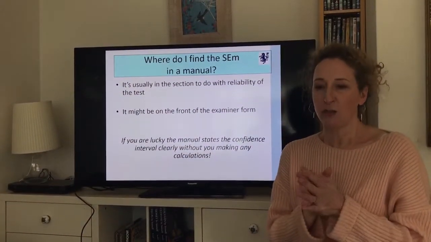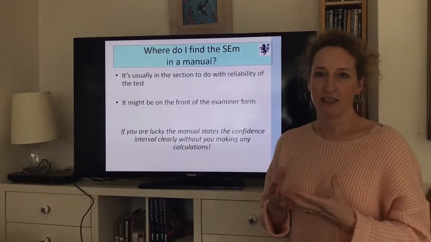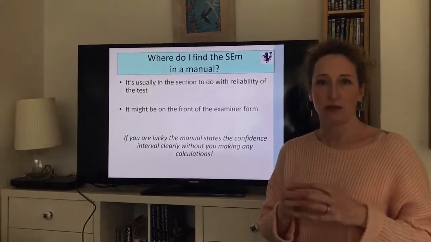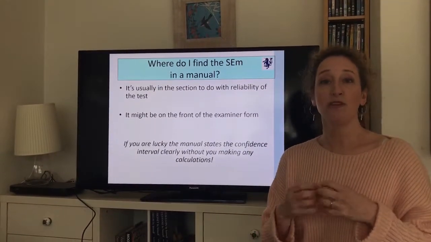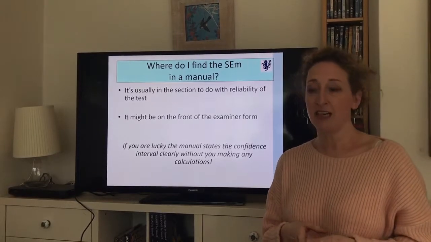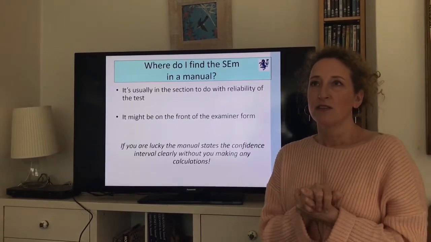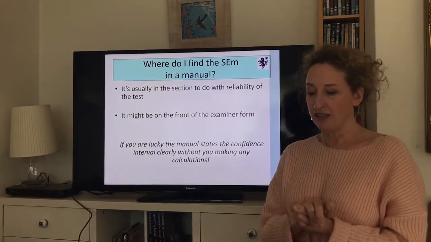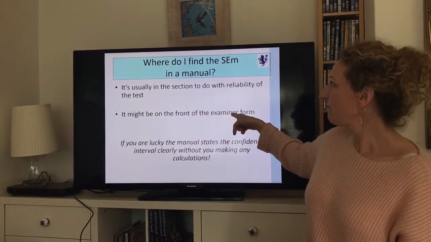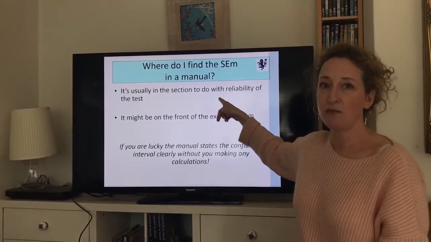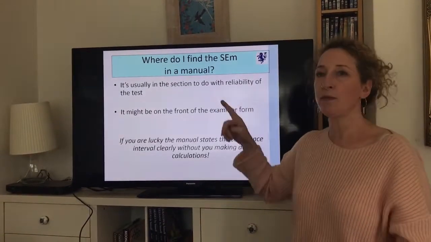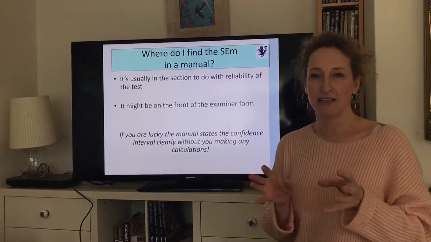So we're really hoping that our manuals actually show the confidence interval, but largely they don't. And we hope then that we can find the standard error of measurement easily. Sometimes it's easy to find. If it's not on the front of the examiner form, then you need to look in your contents page of your manual and look at the section to do with reliability.